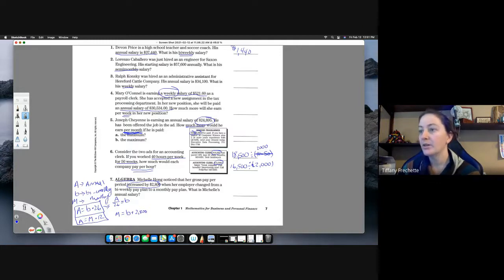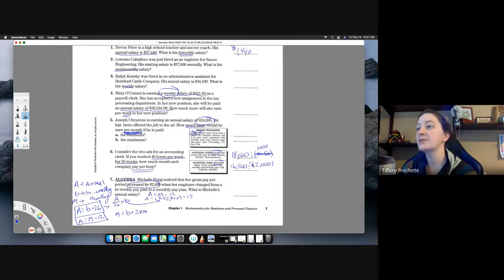So I take the annual and write it over here: A equals M times 12. I'm going to substitute M for B plus 2,800, times 12. And then I can substitute again. I know that B equals A divided by 26.